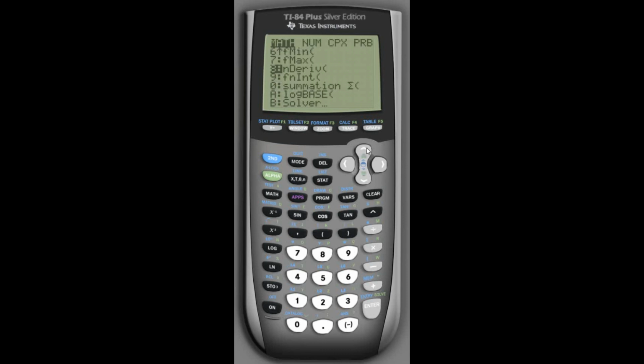The function is the derivative with respect to x, it doesn't matter.